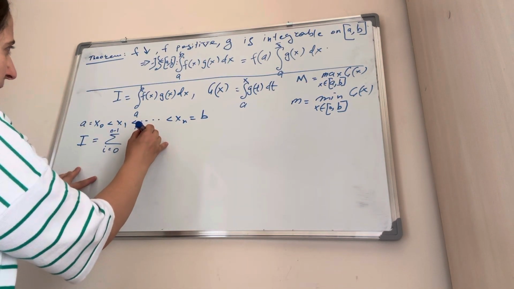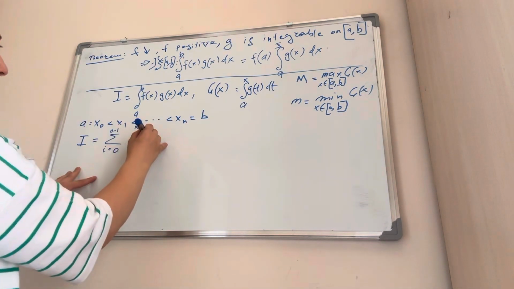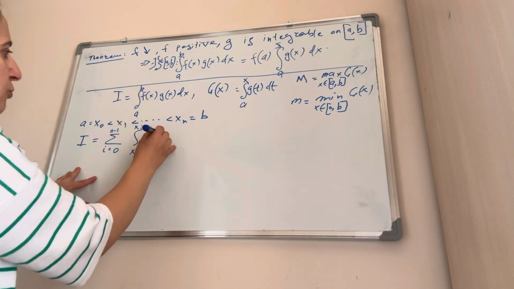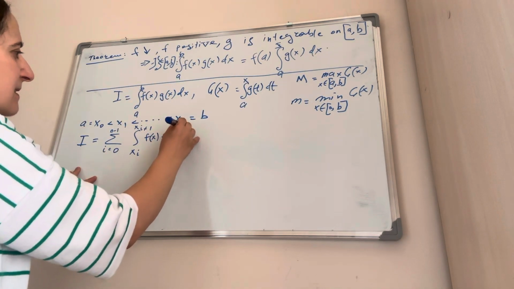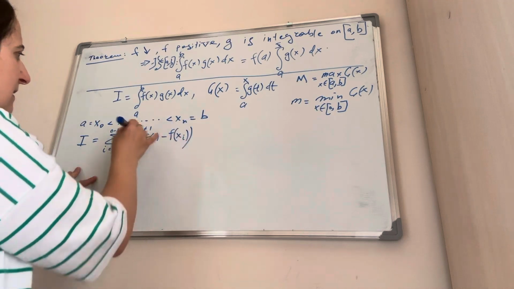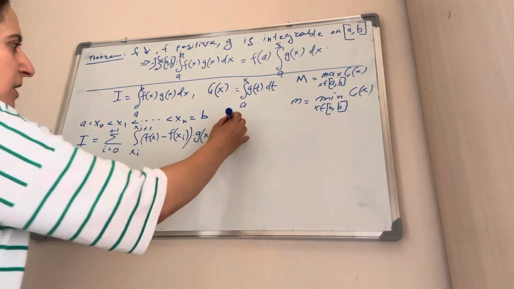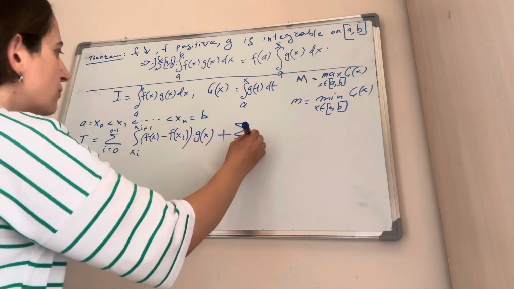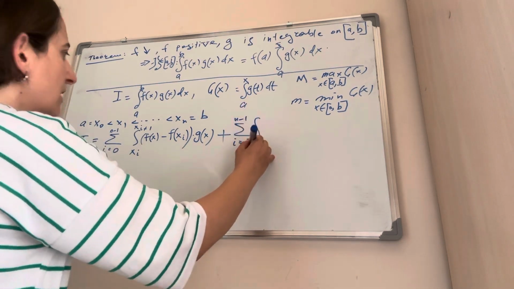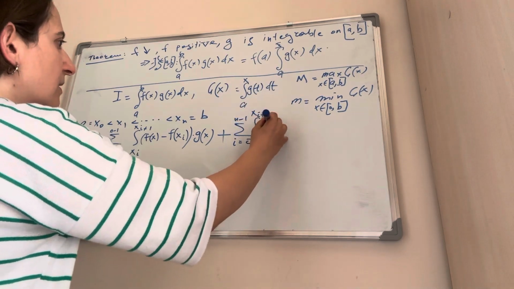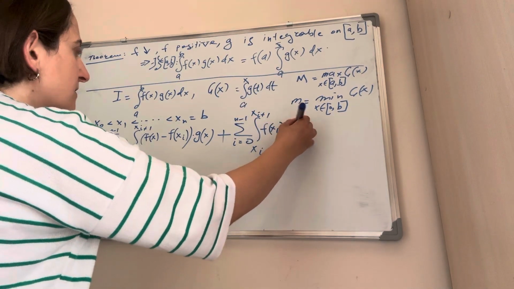And here I need to have f(x), but in the place of f(x) times g(x), I put (f(x) minus f(xi)) times g(x), plus the sum, i changes from 0 to n minus 1, of the integral from xi to xi+1 of f(xi) g(x) dx.